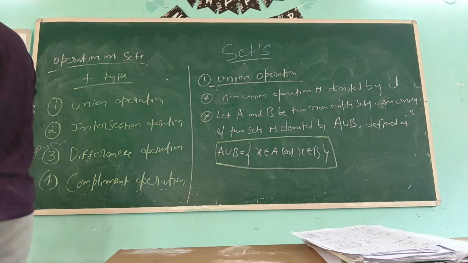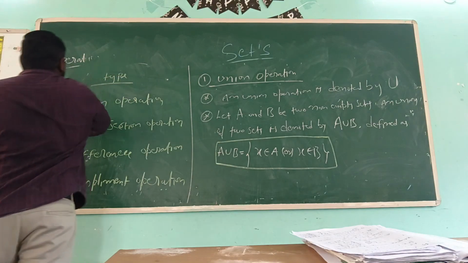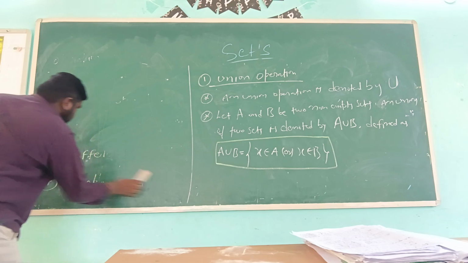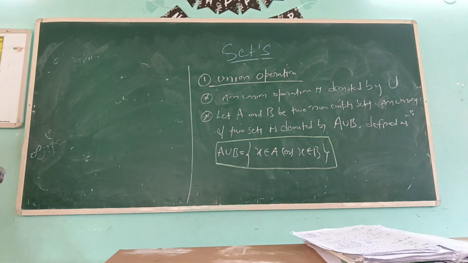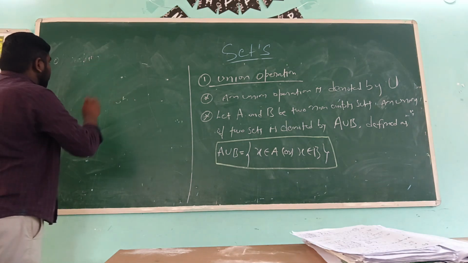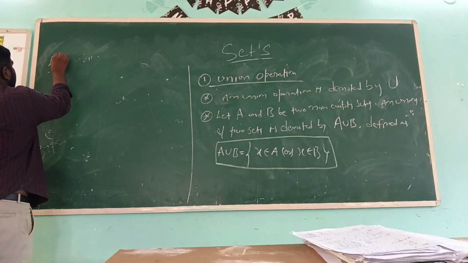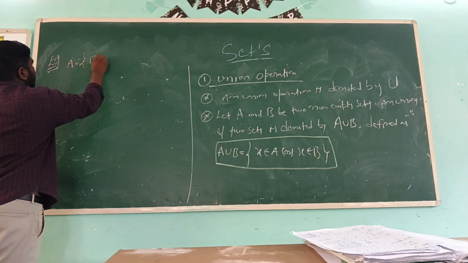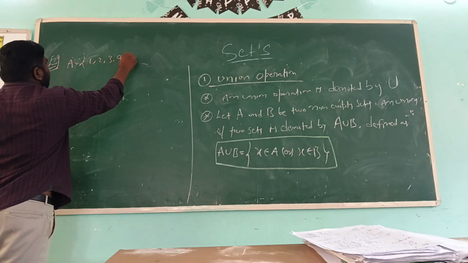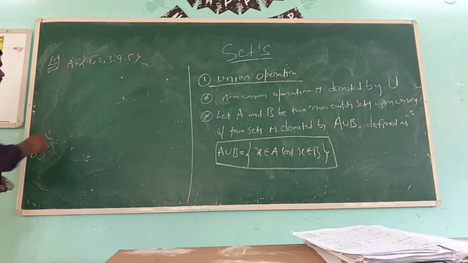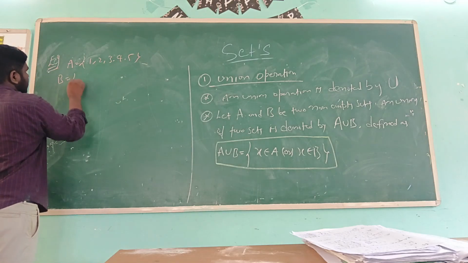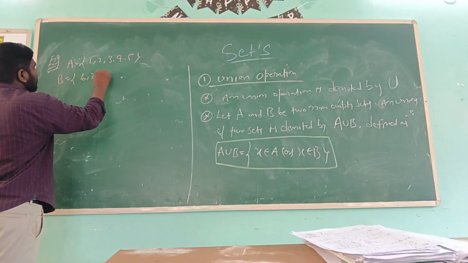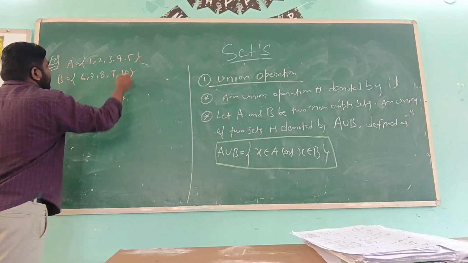This is called the union operation. Now, an example of the union operator. Let us take an example. A is equal to 1, 2, 3, 4, 5. Then B you can take 6, 7, 8, 9, 10.